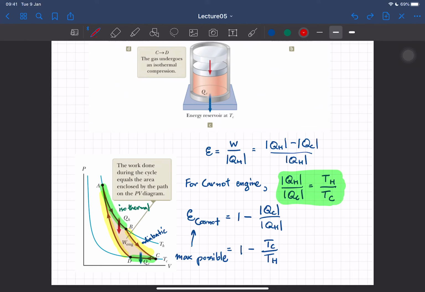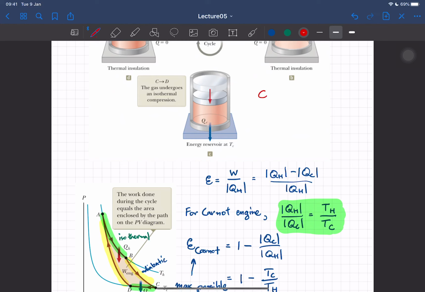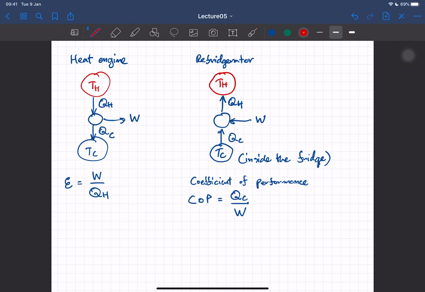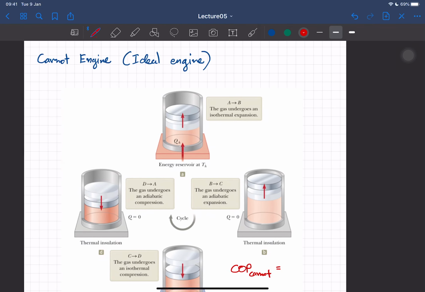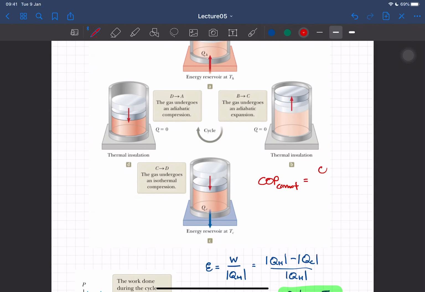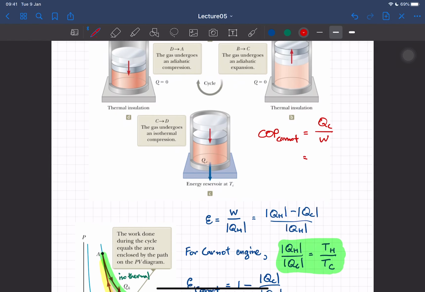Okay, so if you have a Carnot refrigerator, remember that you can, so let me write it up here. You can have the coefficient of performance for a Carnot refrigerator. And what is that? Well, let's go back and take a look. COP is QC divided by W. Okay, and in this case, what is W?